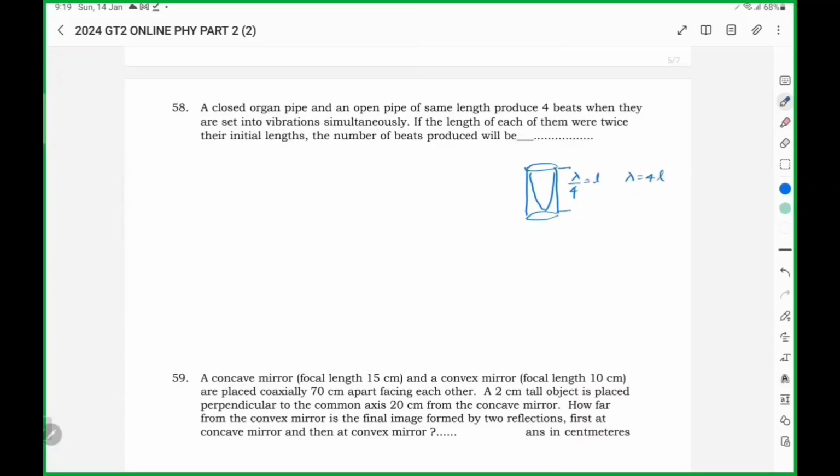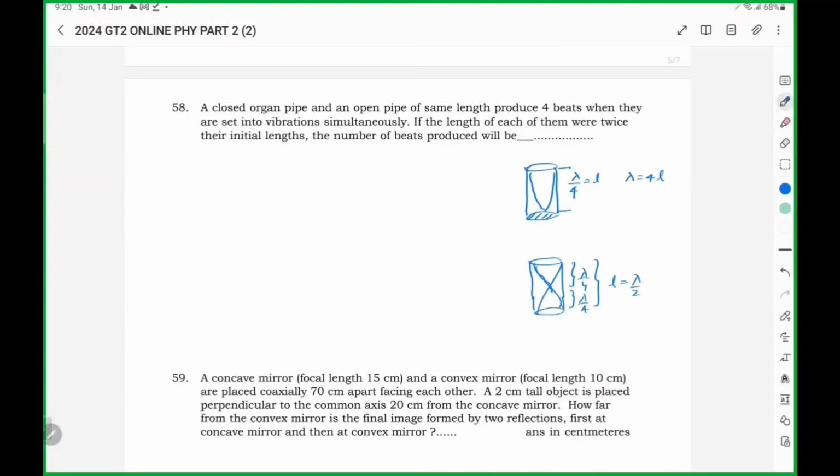Since it is not mentioned which mode, I'm taking the fundamental mode. In another case, it is an open pipe. So lambda by 4 plus lambda by 4, total length is lambda by 2.